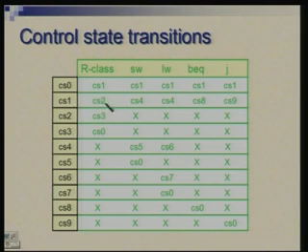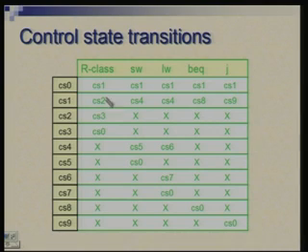From CS1, one goes to CS2 or CS4. For load and store, it is common again. For branch, it is CS8. For jump, it is CS9. From CS2, which is for R class instruction, go to CS3, and these conditions will not occur. Once you have gone to CS2, you know that it is an R class instruction and others are not relevant.